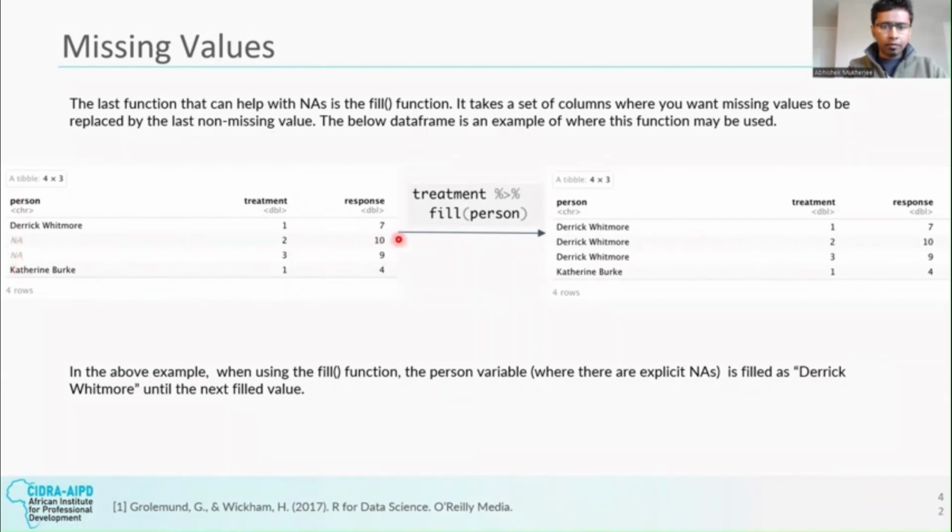If we use the fill function on this column called person, we can see that these explicit NA values got filled by the name Derek Whitmore, which was the last non-missing value in this data frame.